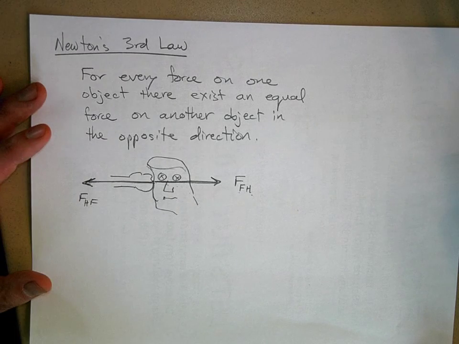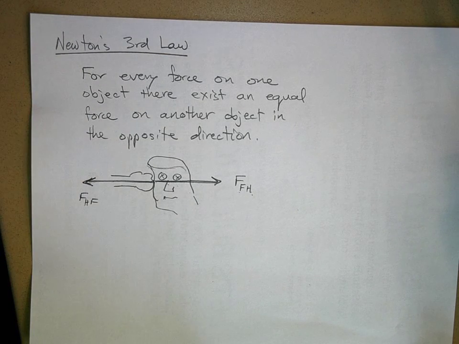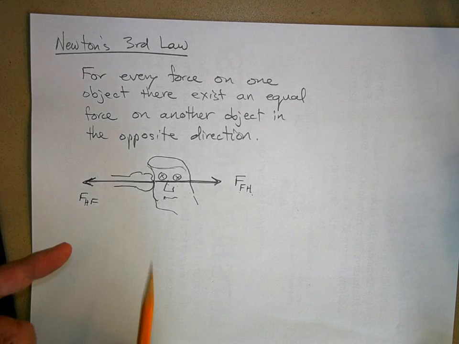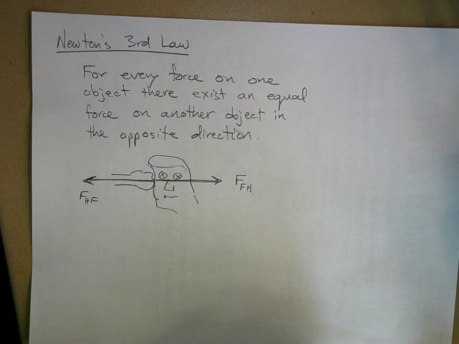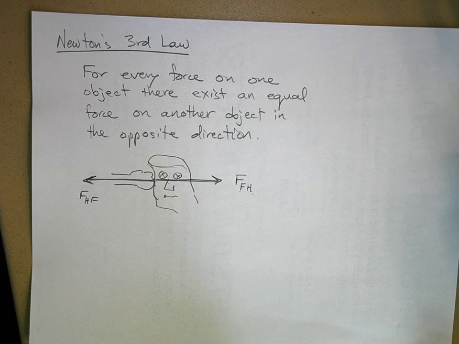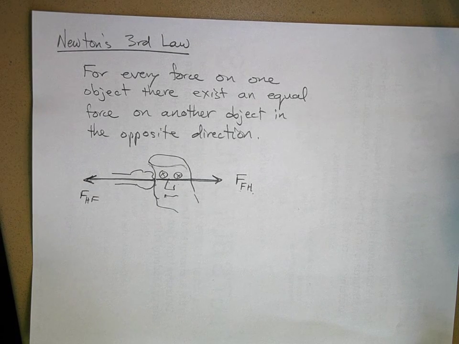We observe it everywhere we look. We have never seen or observed a force on one object where there wasn't an equal and opposite force on another object. Now, usually we think of forces as being contact forces, like something is actually smashing into something else. But think about gravity. The moon circling the earth. They're not in contact.